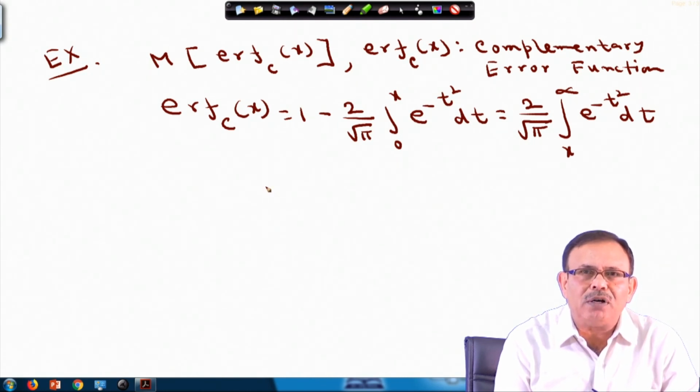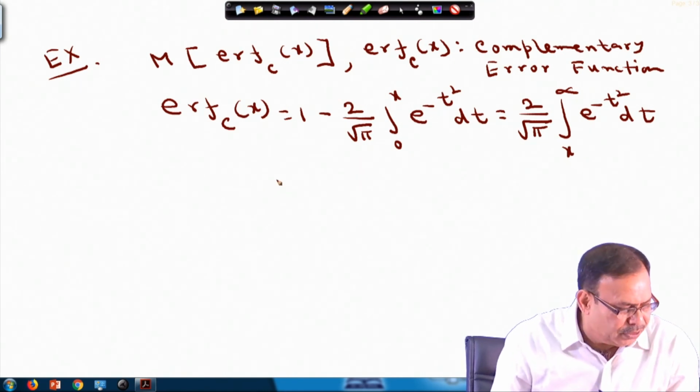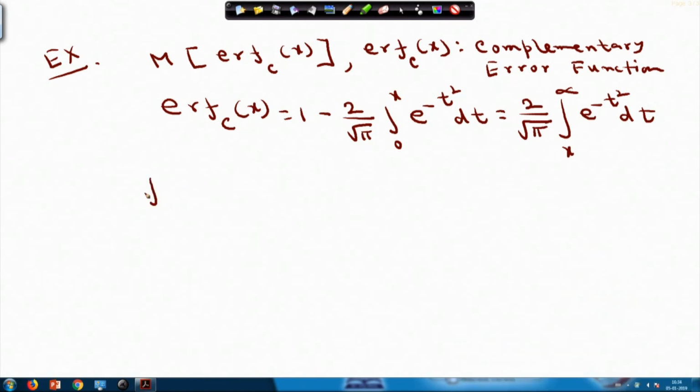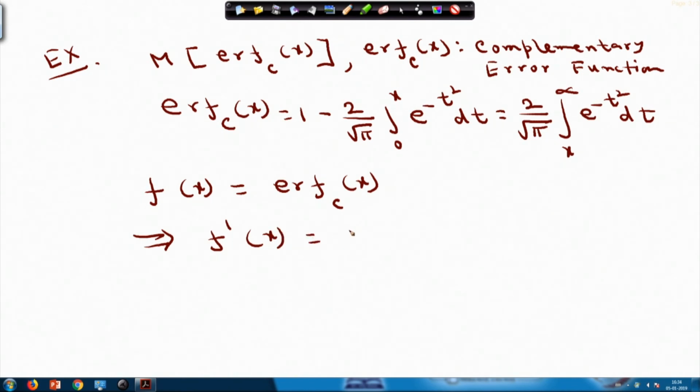So, I have to find the Mellin transform of the complementary error function of x. Now, I am starting with this f of x equals ERFC of x, just as we have done for the earlier example. From here you can write f dash x is nothing but minus 2 by root pi into e power minus x square.